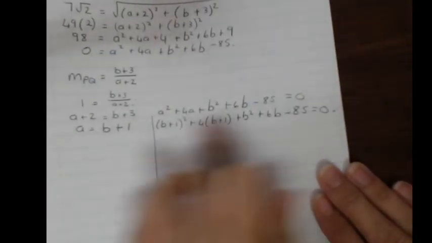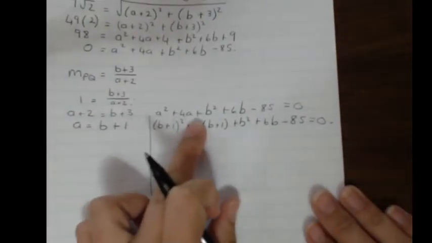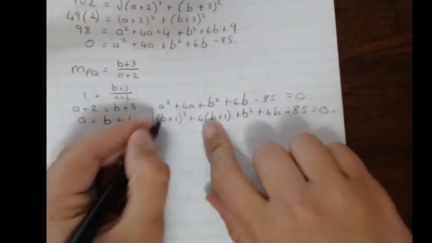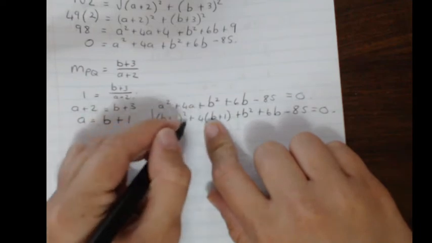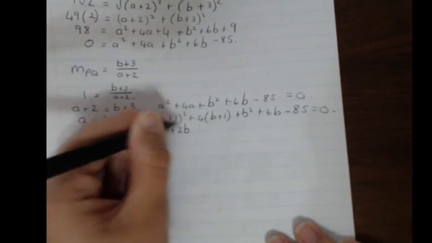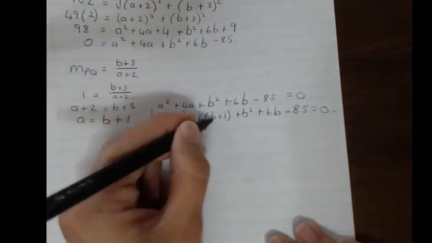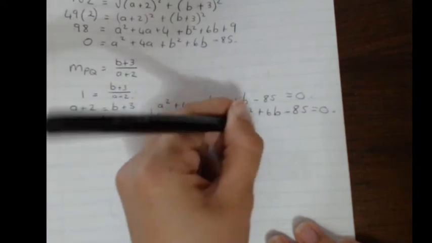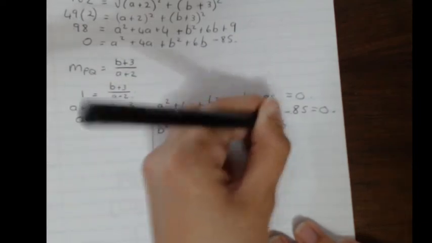And now I must multiply out this and simplify. Okay, so this one again, (b + 1) times (b + 1), you do that. If you need to write that out, plus 4b plus 4 plus b squared plus 6b minus 85 is 0.